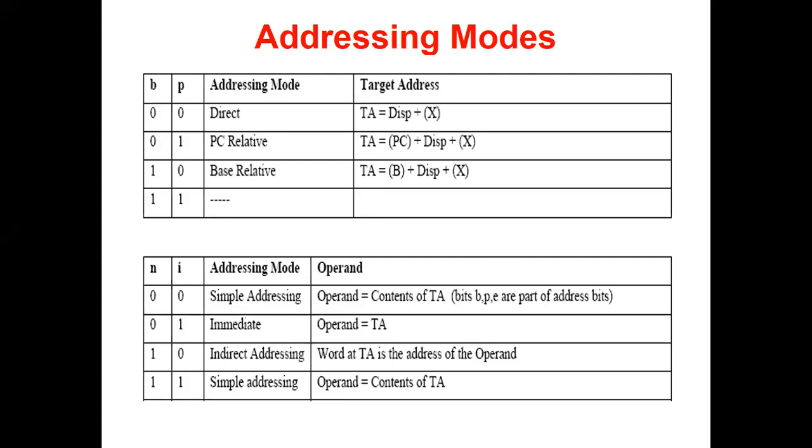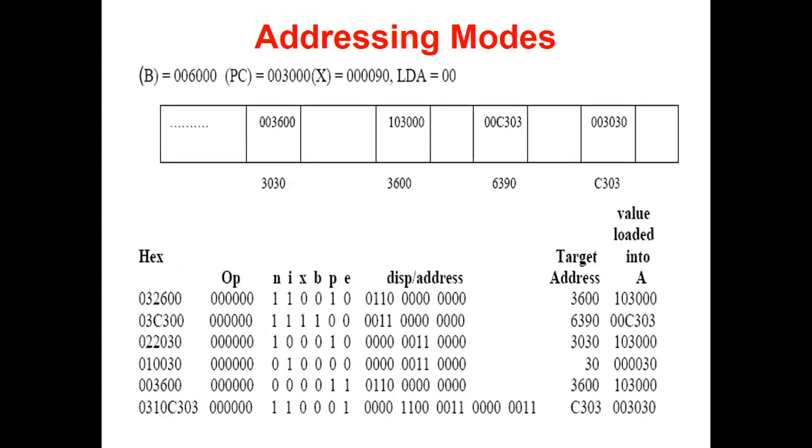Okay? So that is where you take the word or the contents of the target address to be the address of the required operand. In cases both are zeros or both are ones, it is a simple addressing. So the contents of the target address is what you take. I don't think you can forget that.